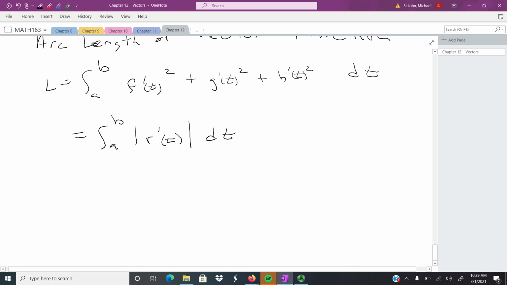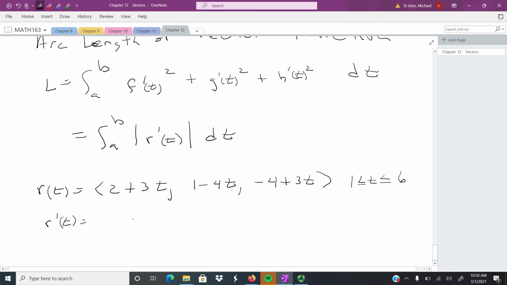So let's look at an example. So let's say that r of t is given to be 2 plus 3t, 1 minus 4t, and minus 4 plus 3t. And we want t between 1 and 6. So that would mean r prime, my derivative, would be 3, minus 4, and 3.